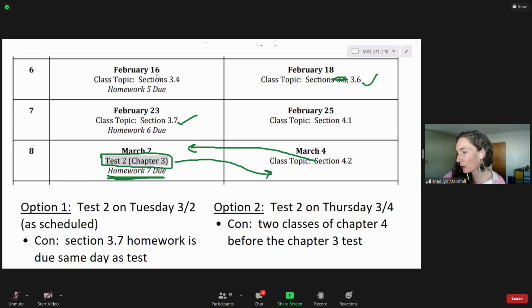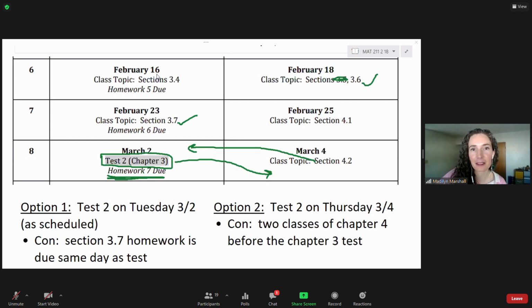So are there any other questions or comments before we have a vote? Okay, I am going to launch the poll. Oh, it's close.